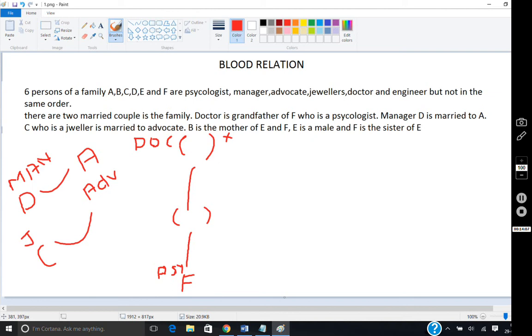B is the mother of E and F. It means F and E will be siblings. E will be here.